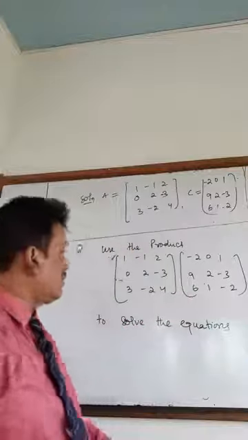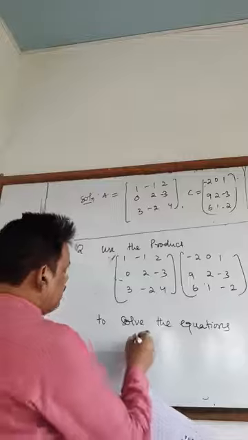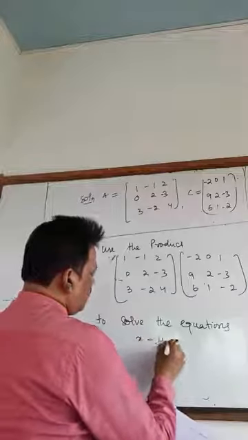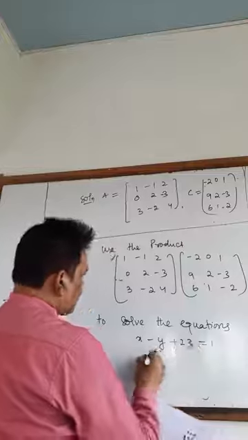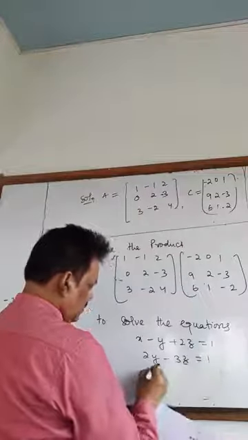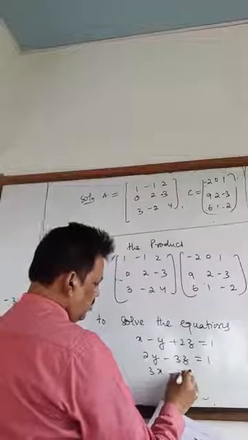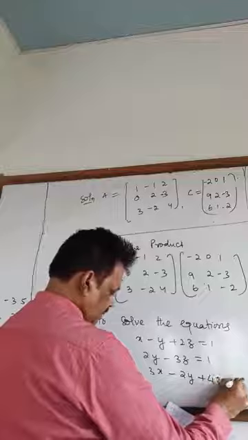Look at what are the equations here. We are given the equations x minus y plus 2z equals 1, 2y minus 3z equals 1, 3x minus 2y plus 4z equals 2.